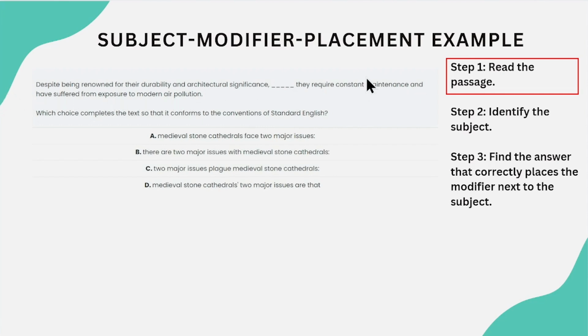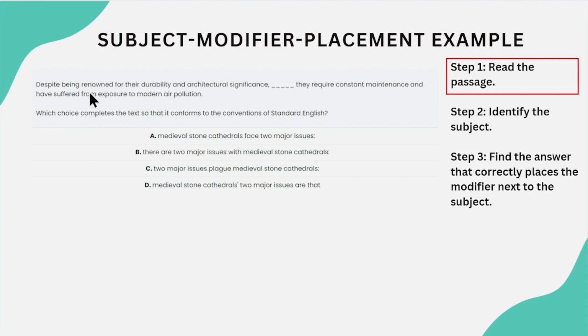Okay, so let's just first find the modifier here. You don't actually need its additional information. It's a supplement, which is something we talk about in another video, but it's a specific kind of supplement, so it's non-essential information. You're able to see this part right here: Despite being renowned for their durability and architectural significance.